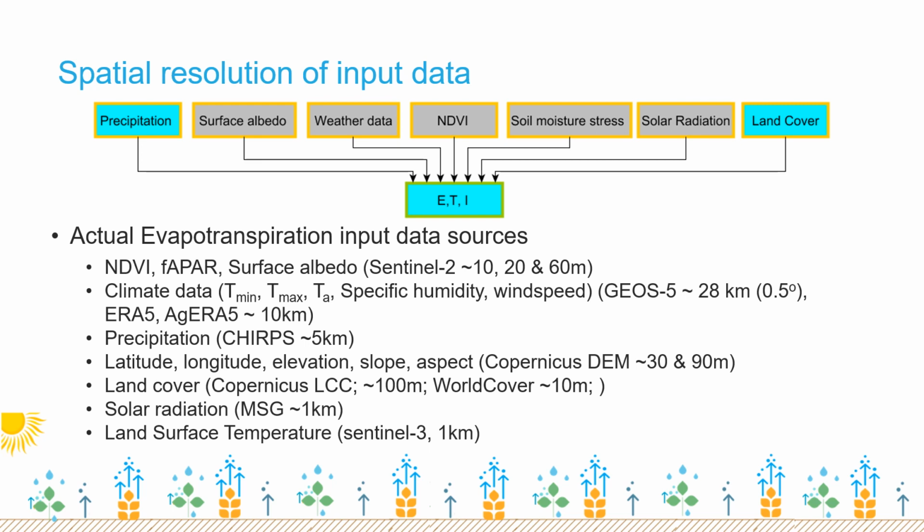In each case, the input data has to be downscaled in the case of coarser data to the required resolution, which may influence specifically very heterogeneous areas, and more advanced downscaling tools may be necessary. On the other hand, data may need to be upscaled or reprojected to fit the final resolution of the data, which may result in losing information.